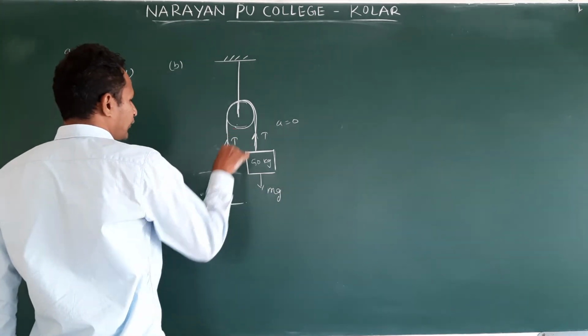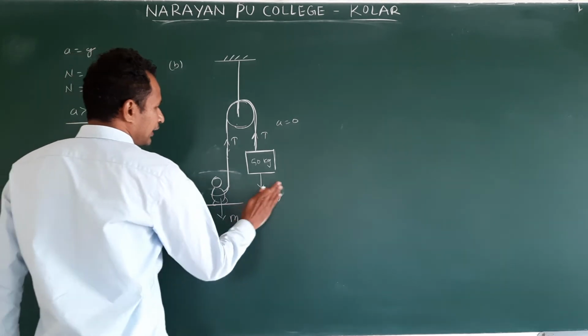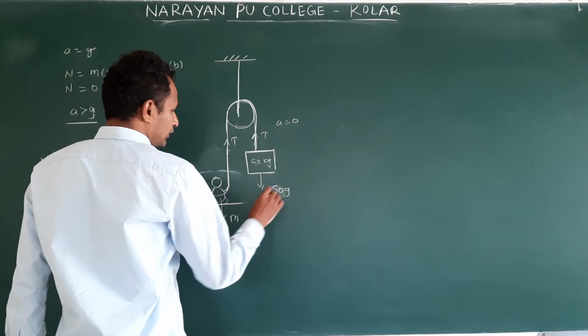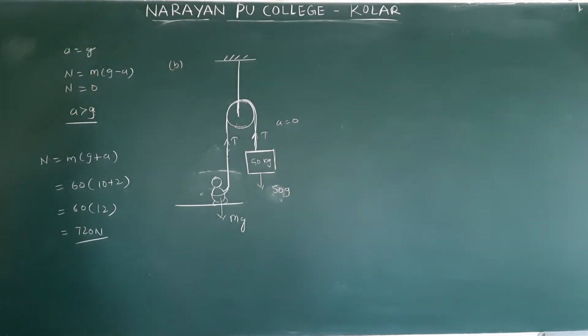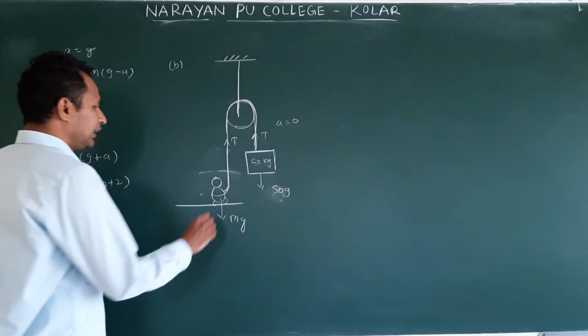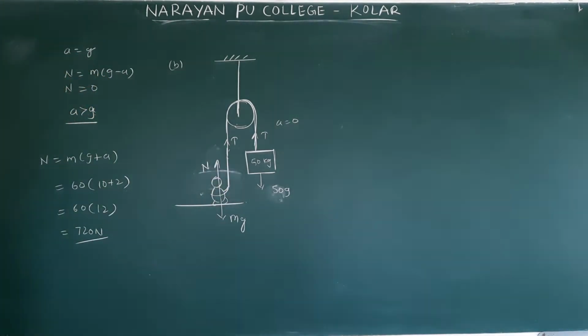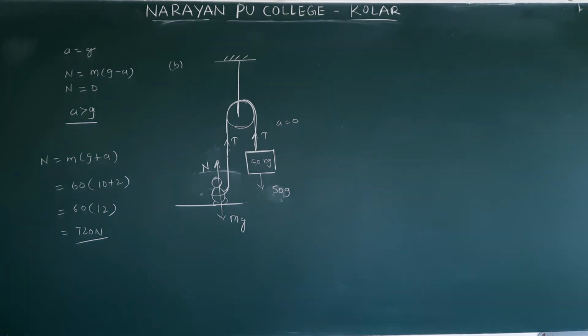Here tension acts upwards, this weight also acts downwards. Right, here I can write 50. Okay, and normal reaction acts upwards. Am I correct or not?